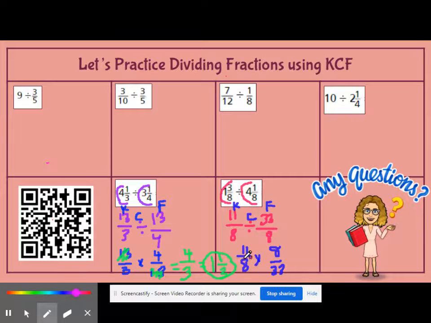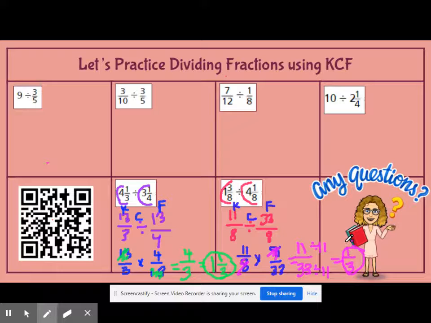You notice that the 8s match. So I'm left with 11 over 33. And if you notice, 11 goes into both of those. So I can simplify by 11, and I'm going to get 1/3 as my answer. Okay?